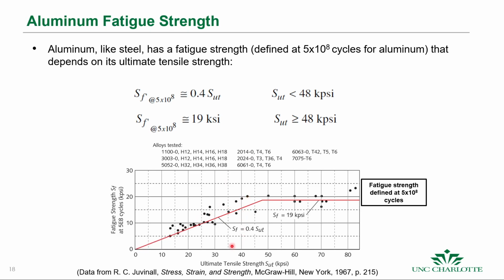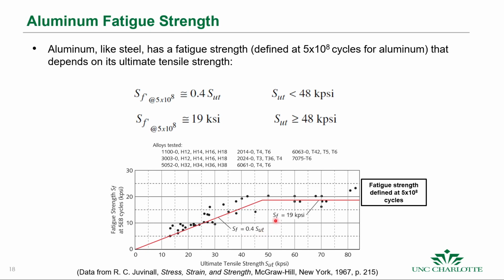So for aluminums that have an ultimate tensile strength of less than 48 kpsi, they're along this curve right here, and the fatigue strength, defined at 5 times 10 to the 8 cycles, is about 40% of the ultimate tensile strength.